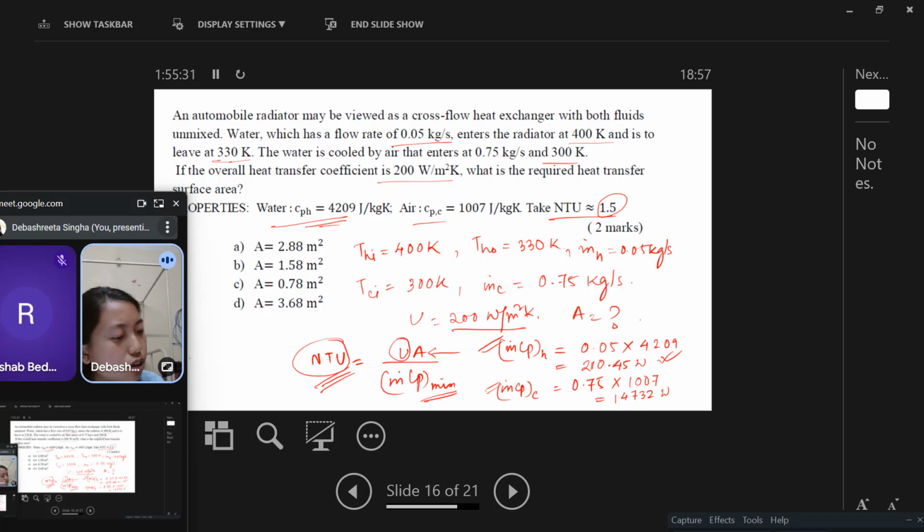So A is equal to how much? NTU into MCP mean, which you have already calculated, divided by U. 1.5 into 210.45 divided by U. How much do you get?